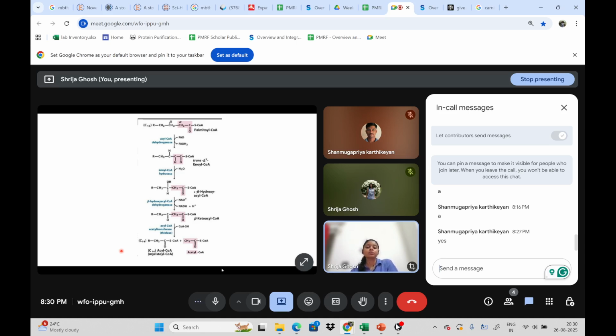The highest amount of triacylglyceride is carried by chylomicrons, and the highest amount of cholesterol is carried by HDL. The highest amount of protein is present in HDL, and the highest amount of lipid is present in chylomicron. So these are the basic MCQs that are very common in these topics.